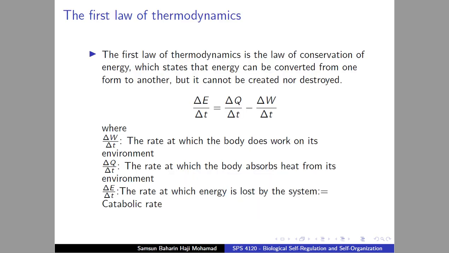Okay, so these are again the repetition in our thermodynamics. The first law of thermodynamics applies to this homeostasis. The energy cannot be created or destroyed, so delta E over delta T equals delta Q over delta T minus delta W over delta T: the rate of heat absorbed and the rate of work, the energy lost in the system.